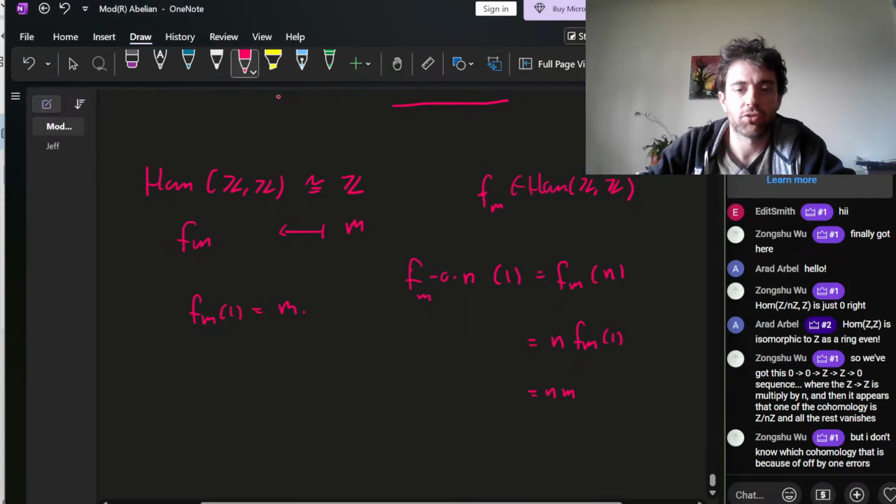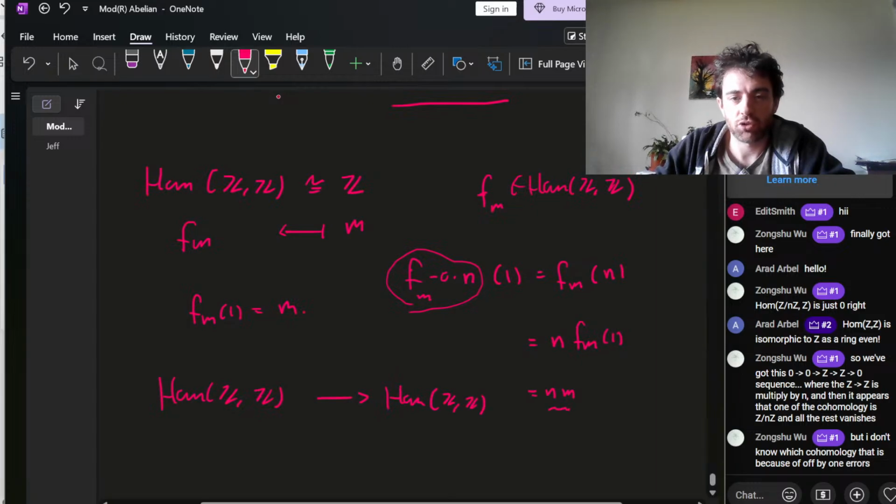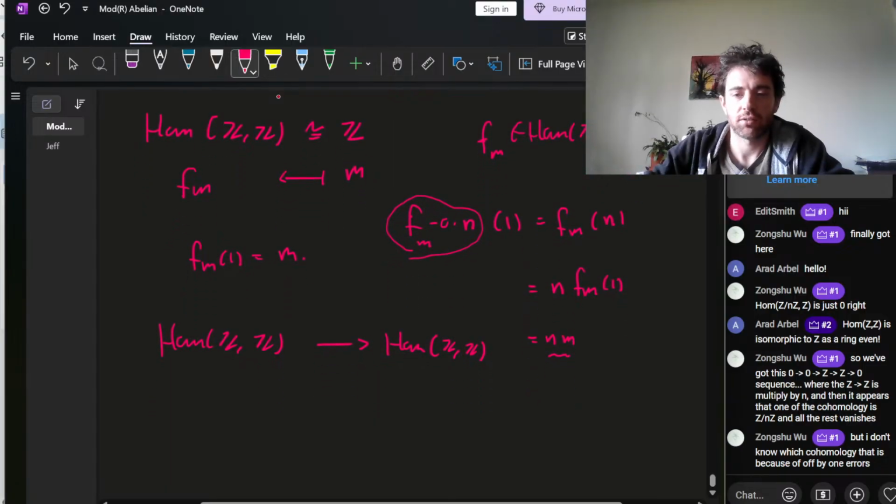So in other words, we can see that basically every map f sub m in the domain is going to get sent to a map which is some multiple of n, right?